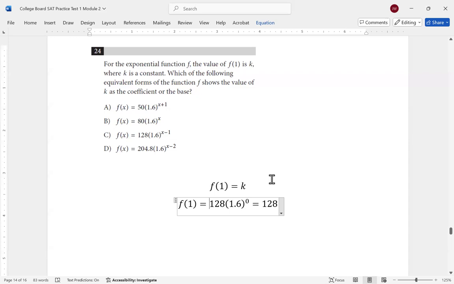So in this case, we're looking at option C as our final answer. When you plug in 1, you get a constant, and that constant is the coefficient of 128.